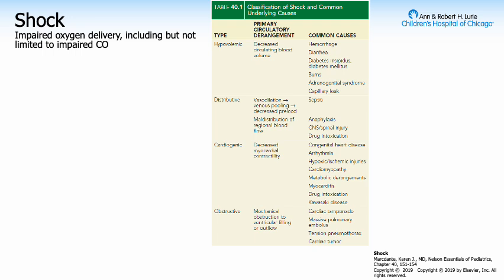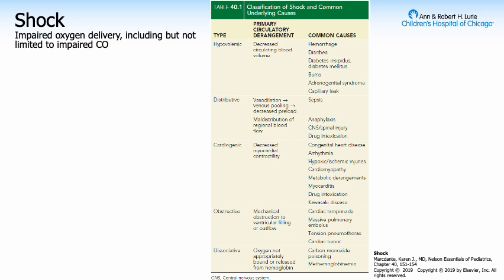And then the last type of shock, which is where now instead of focusing on the CO part of the oxygen delivery equation, we're focusing on the arterial oxygen content, is dissociative shock. So it is things like carbon monoxide poisoning and methemoglobinemia, where you can have a very normal cardiac output, but still be in shock because you have an inability to appropriately handle oxygen.